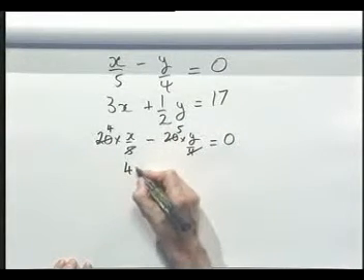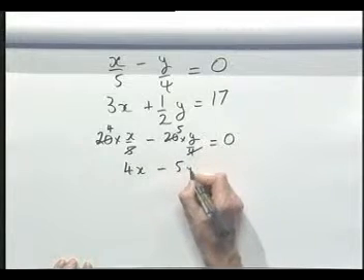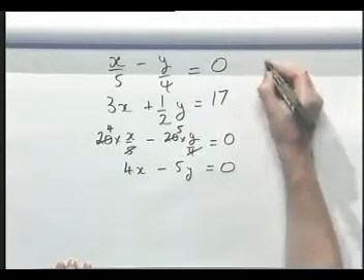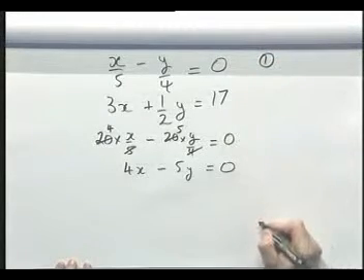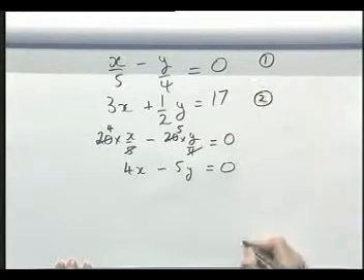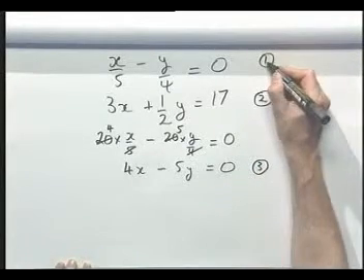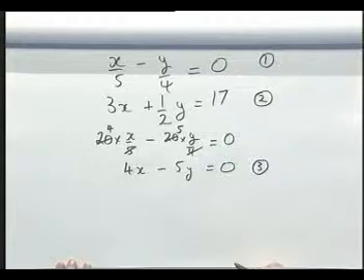And so we have 4x minus 5y equals 0. So that was our first equation, that was our second equation, this one has now become our third equation. So equation 1 has gone to equation 3.